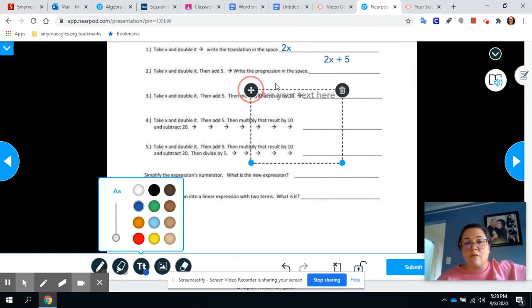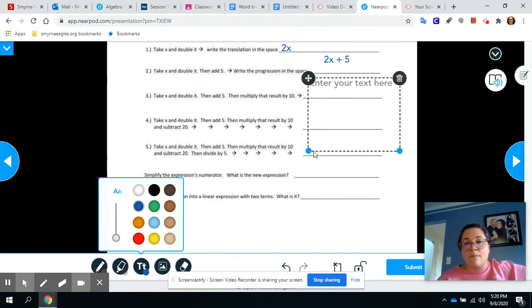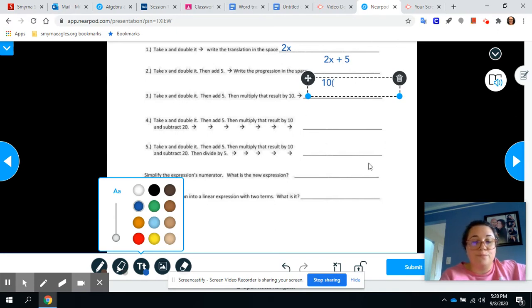So we're going to use a text box and drag it over. In this little spot here, we take the 10 that we're multiplying, we show that with parentheses, and that's where our 2X plus 5 is going to go.